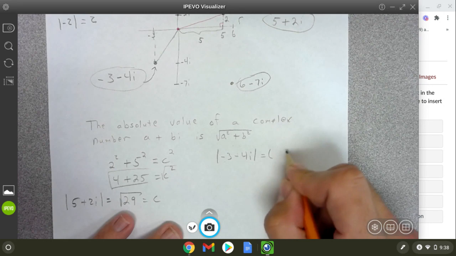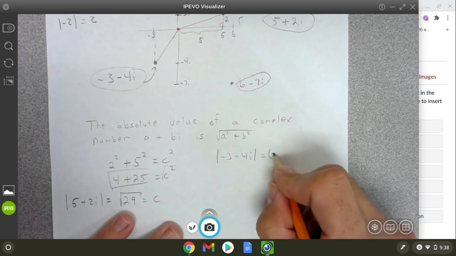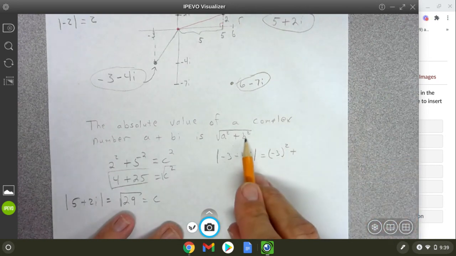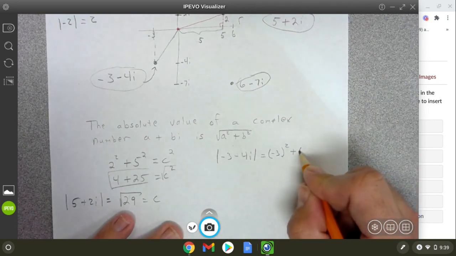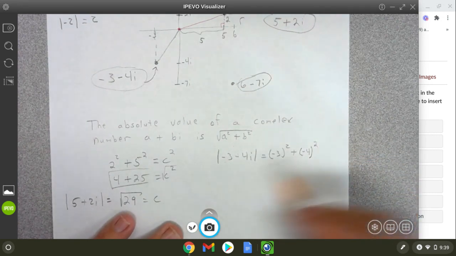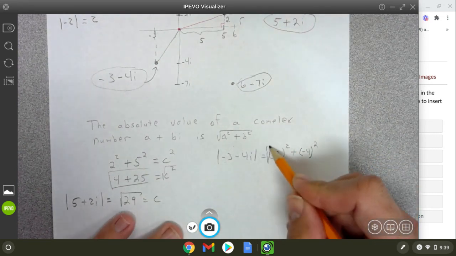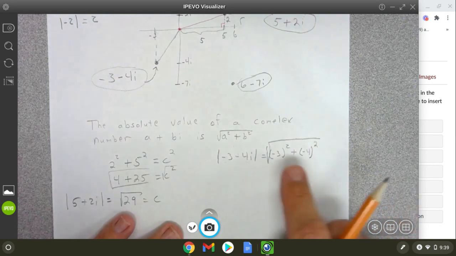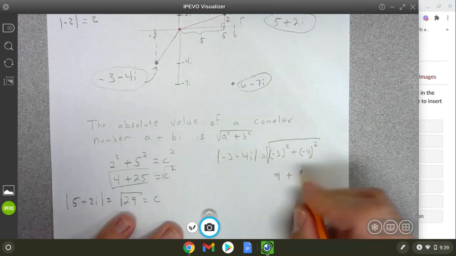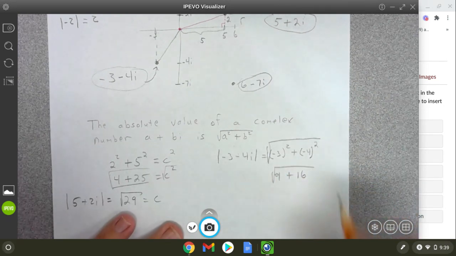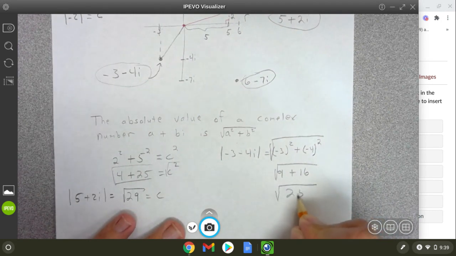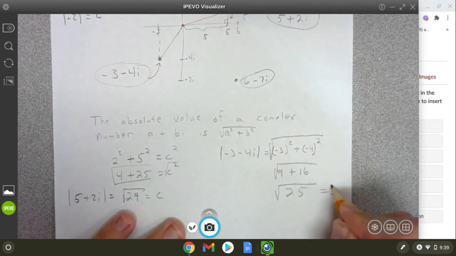So that's going to be -3 squared plus b squared, which is the -4. And see, the negatives won't matter here because when you square them, they become positive. -3 squared is equal to 9. 4 squared is equal to 16. 9 plus 16 is equal to 25. And that's equal to 5.